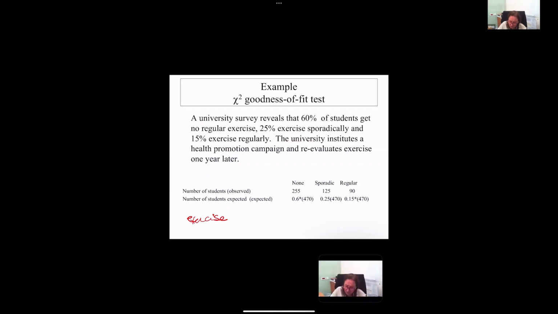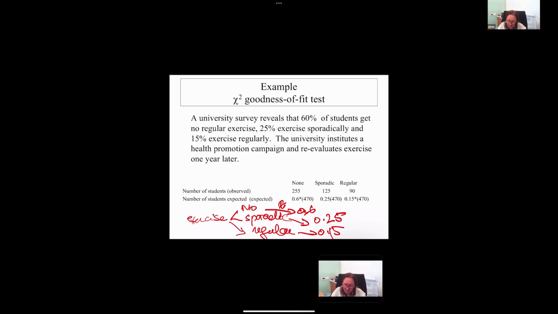It is a kind of ordinal: no exercise, sporadic, and regular. So what a university has seen in an earlier survey is that no exercise is 0.6, sporadic is 0.25, and regular is 0.15. Okay, so this is expected.